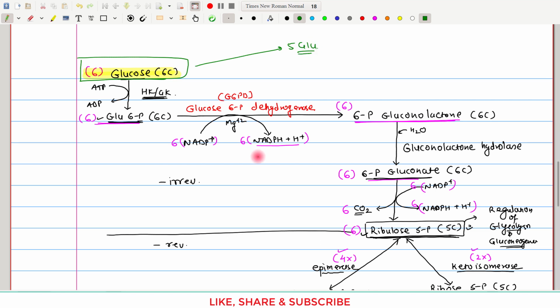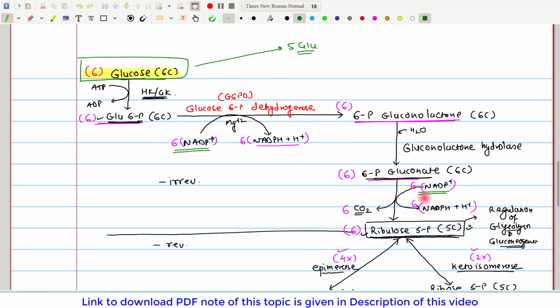But along with that, what is happening? 6 molecules of NADP plus over here and 6 molecules of NADP plus over here are getting reduced. So we are reducing 12 molecules of NADP plus to 12 molecules of NADPH plus H plus.